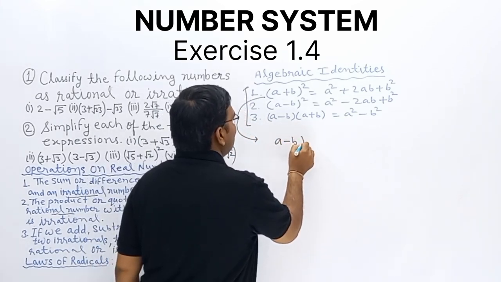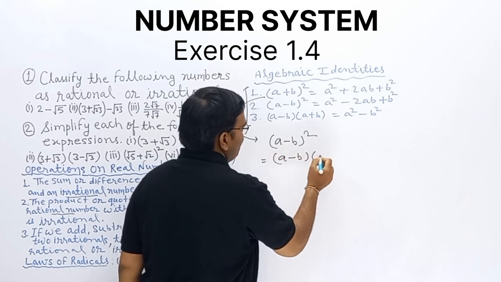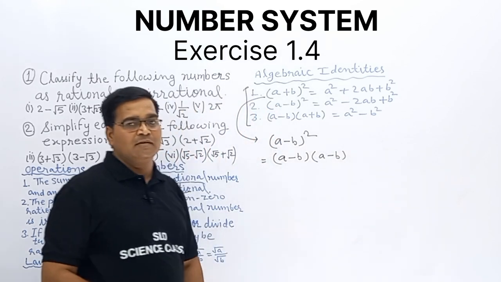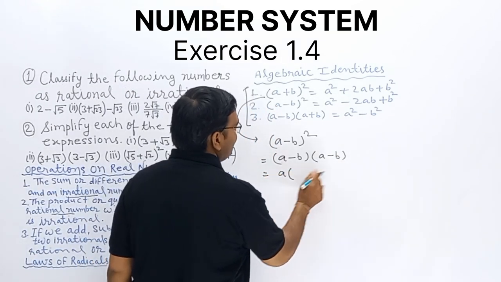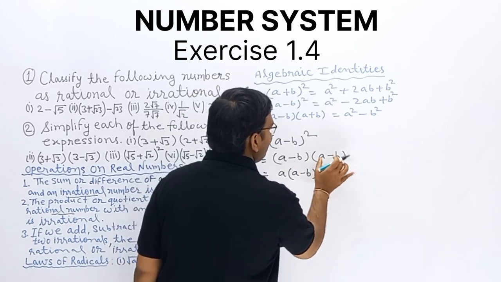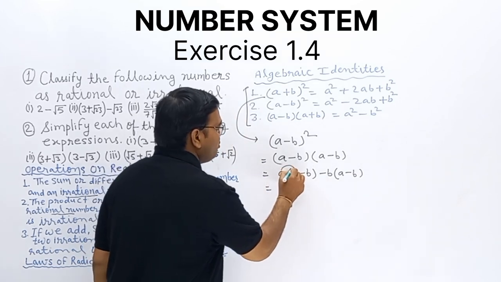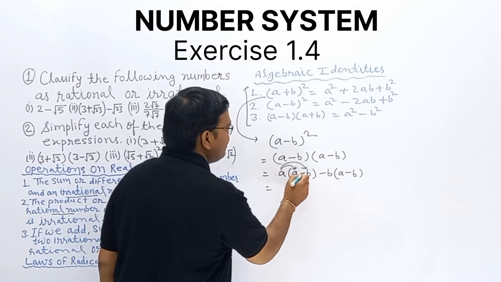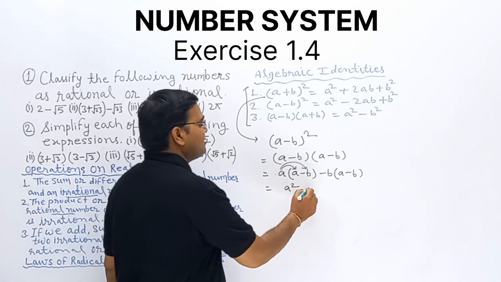Now the next one is what? (a minus b) whole square. There (a minus b) is 2 times multiplication, (a minus b) into (a minus b). Again apply the product: we will multiply a by this complete bracket, (a minus b), and minus b will be multiplied by this bracket, (a minus b). Now apply the distributive law. Then a into a, a square. This is plus, this is minus. Plus into minus, the sign will be negative. Minus ab.